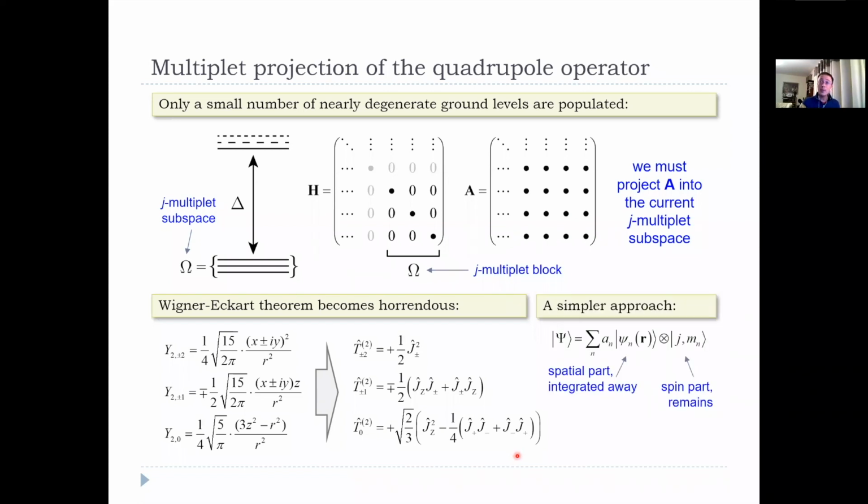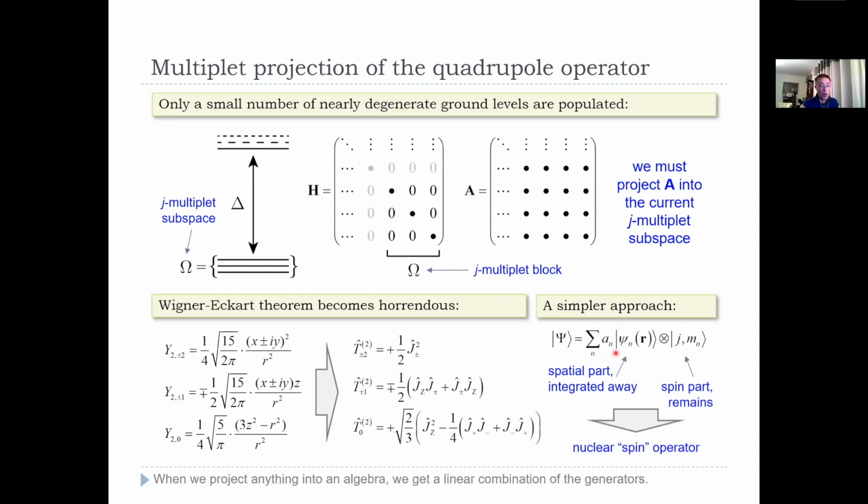A much simpler approach is, in fact, to observe that our total wave function must be, and it's a general theorem in mathematics, a linear combination of Kronecker products of all the spatial basis set and all the angular momentum basis set. So we are sitting in a state with a defined J, so we will have projection quantum numbers here, and they will have the corresponding spatial contributions, and the general wave function is a linear combination of those.